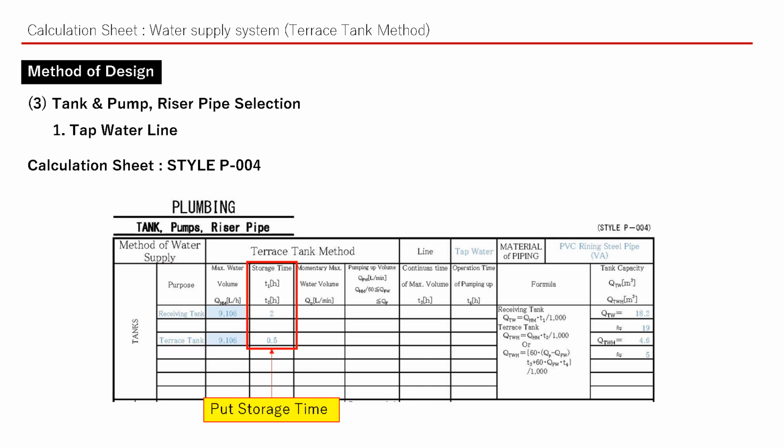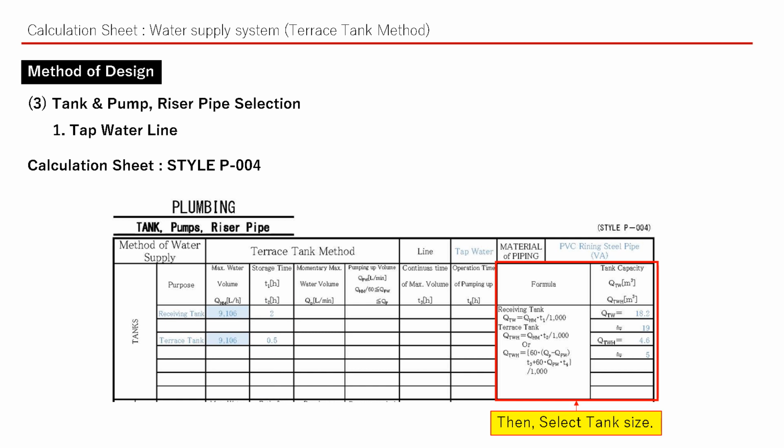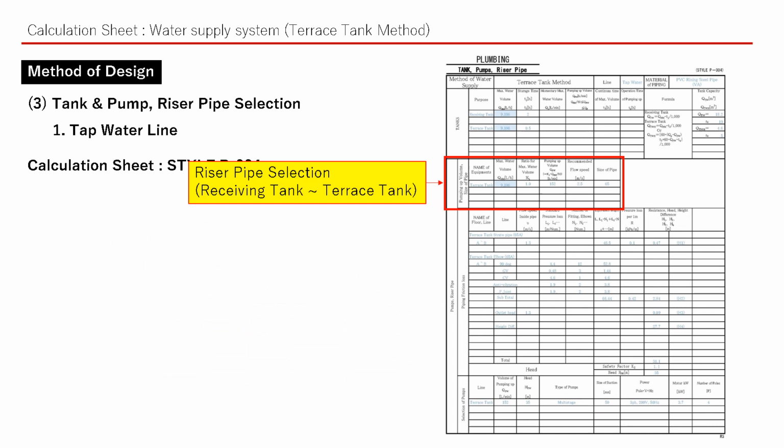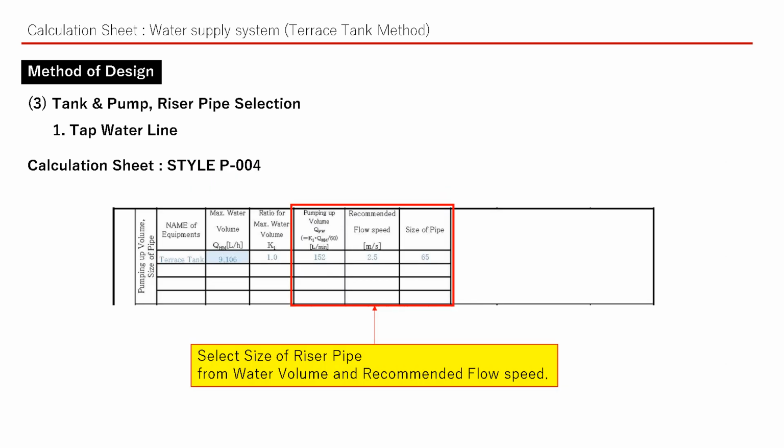Put storage time. Then, select capacity of tanks as per formula. We will select size of riser pipe from receiving tank to terrace tank here. Same as previous, select size of riser pipe from water volume and recommended flow speed.